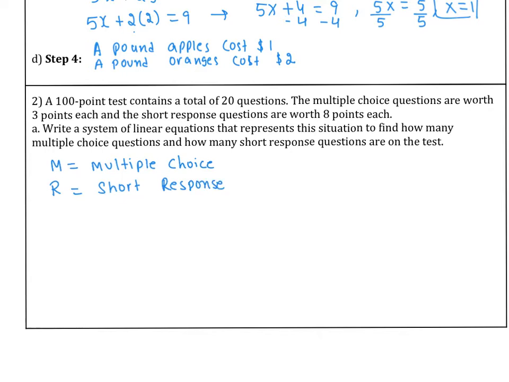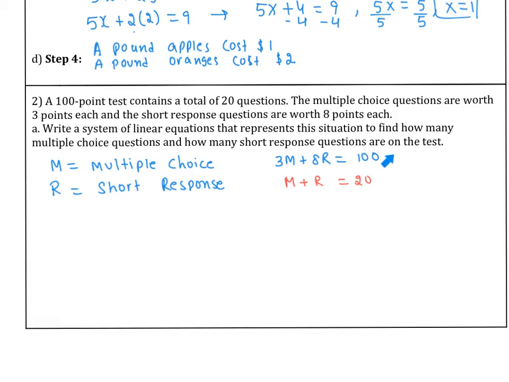Now we are going to create two equations, and the first equation is 3m plus 8r equals 100 because there are 3 points per multiple choice and 8 points per short response, and the total number of points is 100. The second equation is m plus r equals 20 because there are a total of 20 questions, multiple choice plus short response.